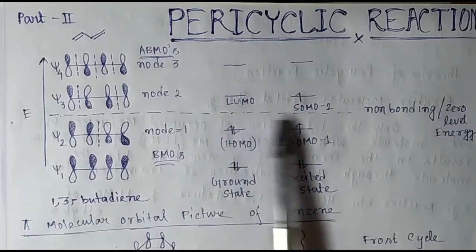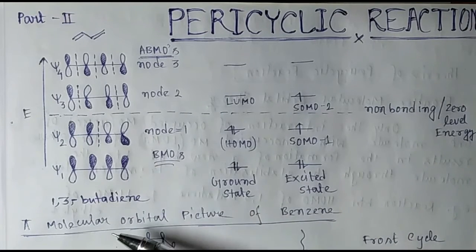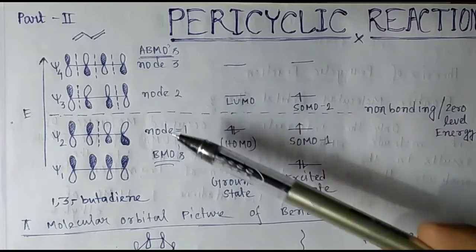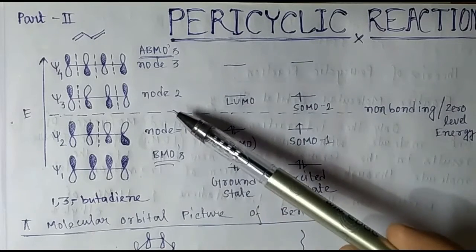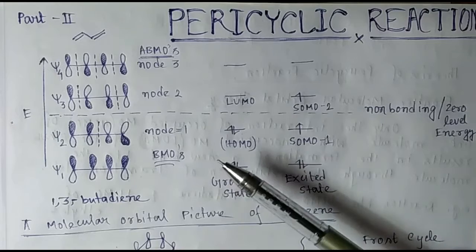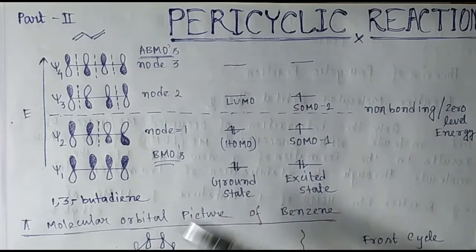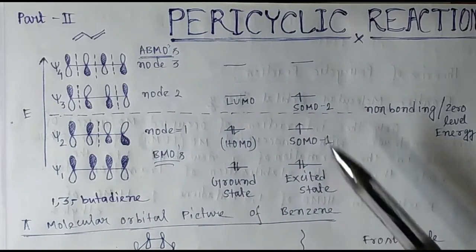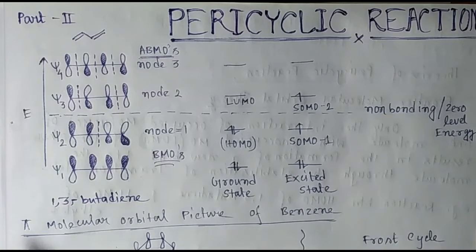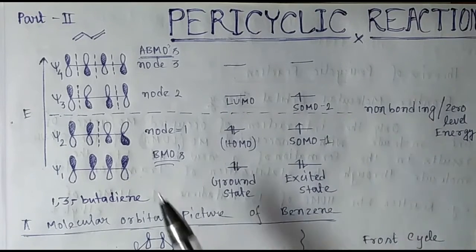You can see this energy diagram, below which the energy decreases and above which the energy increases. Below the line all the molecular orbitals are bonding, above the line all are antibonding, and if any molecular orbital exists on the line, it will be non-bonding.